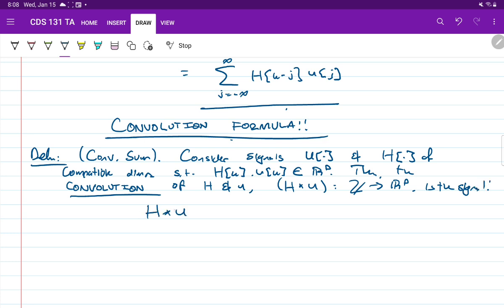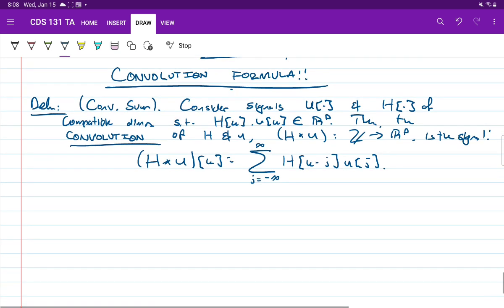So h star u evaluated at time step k equals the sum from j equals minus infinity to infinity of h of k minus j, u of j. All right, just exactly that sum that we had described earlier. Okay, so this is the convolution of h and u.